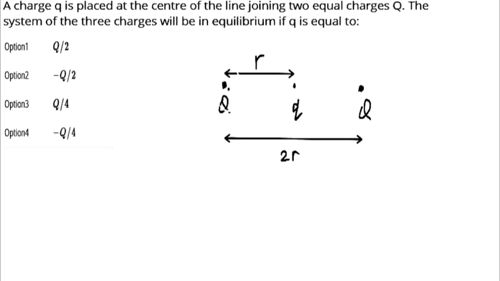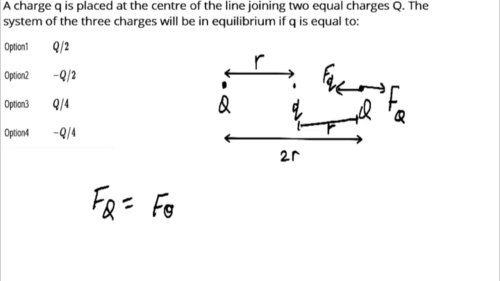The force on this capital Q because of the other capital Q is F_Q, and because of small q there should be an attracting force in this direction to balance the force of capital Q. Let's call this F_q. Since this distance is also r, we equate F_Q to F_q.